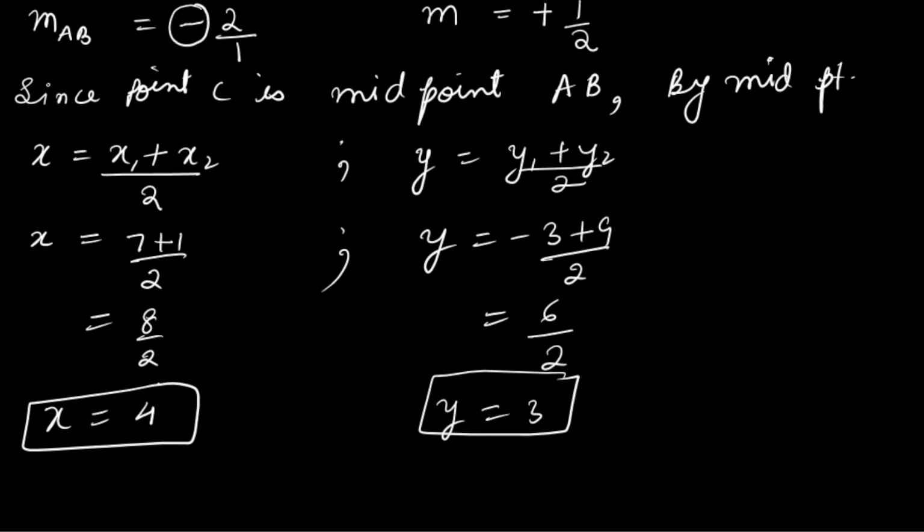So we found the values of x1, y1, and the slope also we have found. So both the values we have found. Now we can just apply the formula and find the equation of the required line. So let us find the equation.